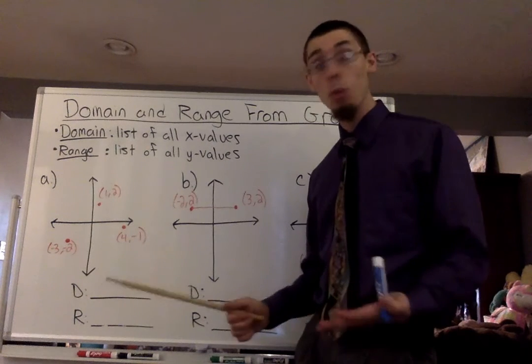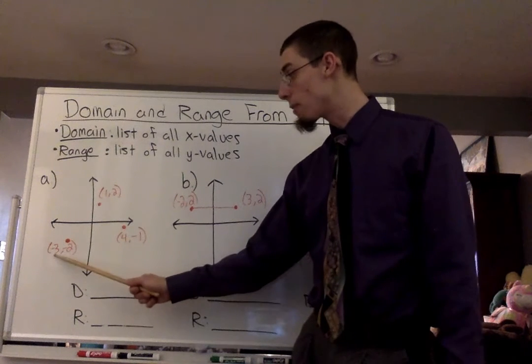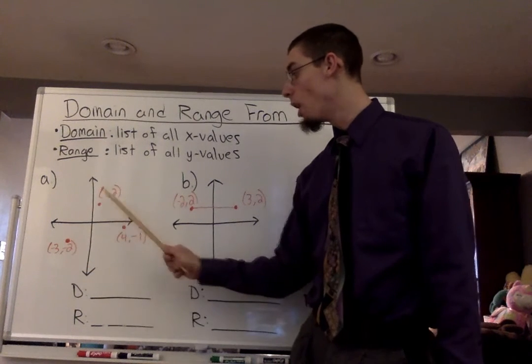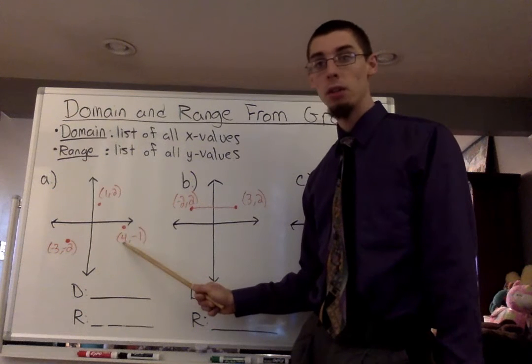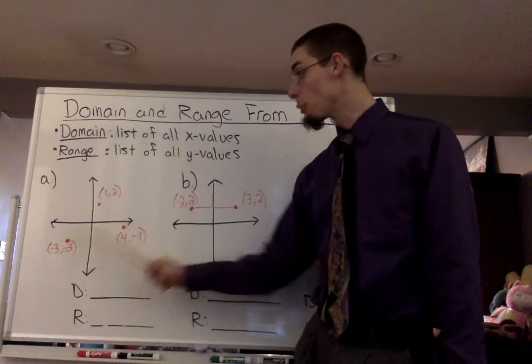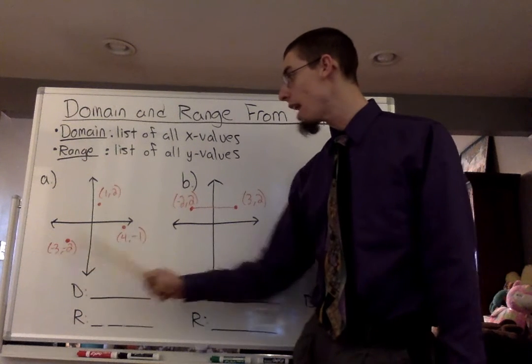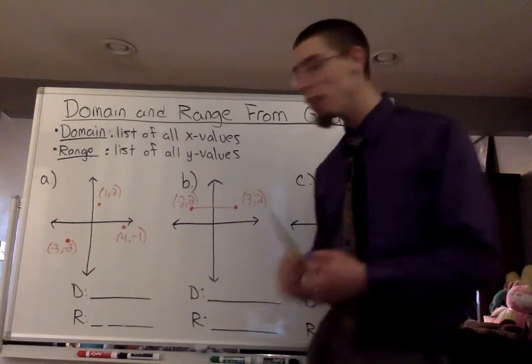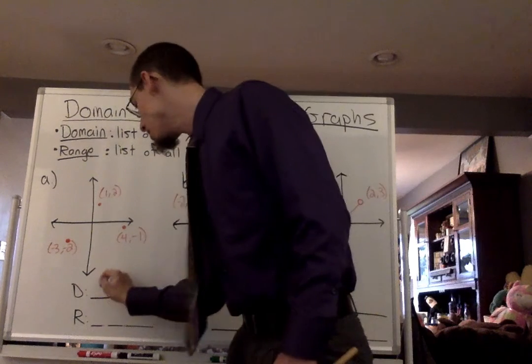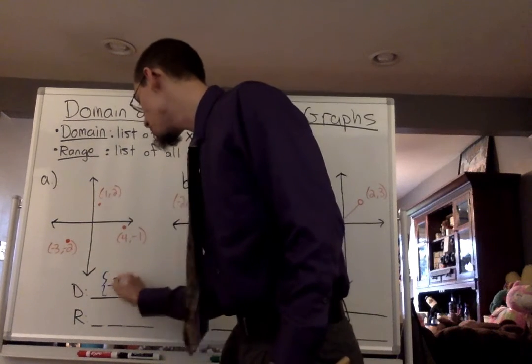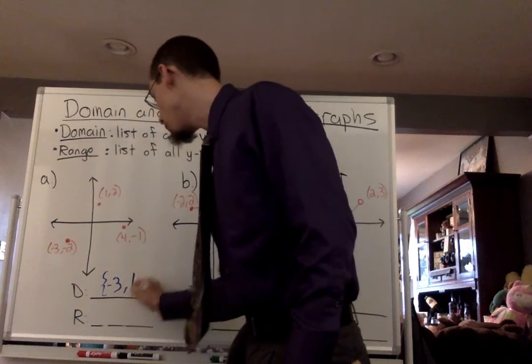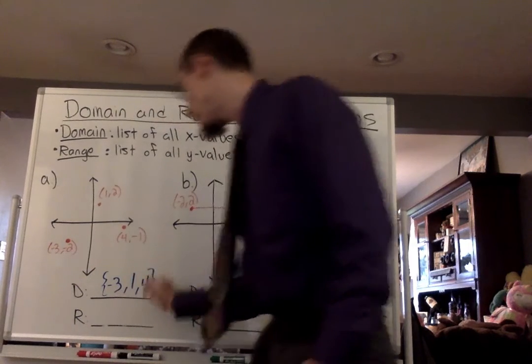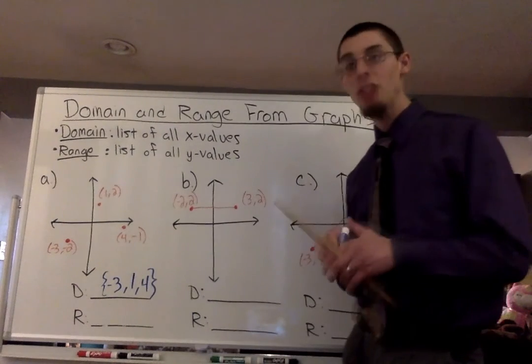Look at your 3 points: -3, 1, and 4. You see that? 3 points, so I can look at the 3 x values. So my domain will be -3, 1, and 4. There's my domain.